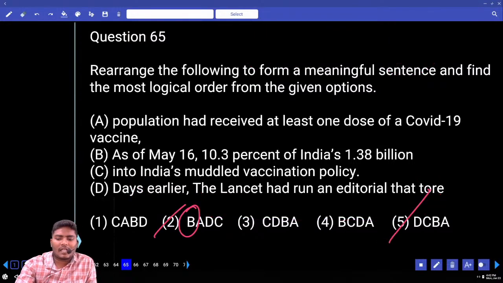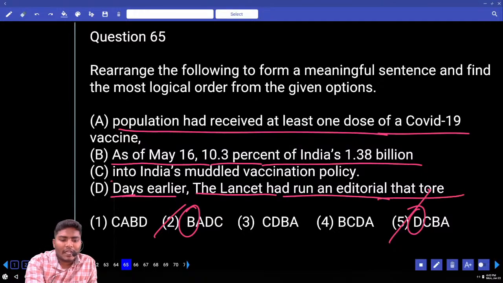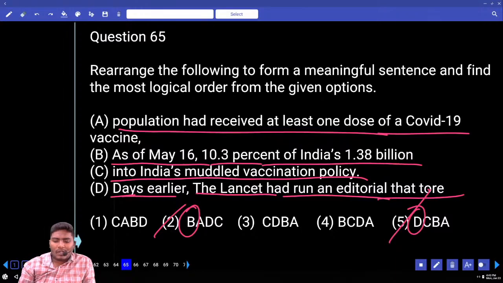Now tell me your answer. B is the beginner or D is the beginner? If you use B, as of May 16, 10.3% of India's 1.38 billion population had received at least 1 dose of COVID-19 vaccine. Coming to D, days earlier, the Lancet had run an editorial that tore into India's muddled vaccination policy.